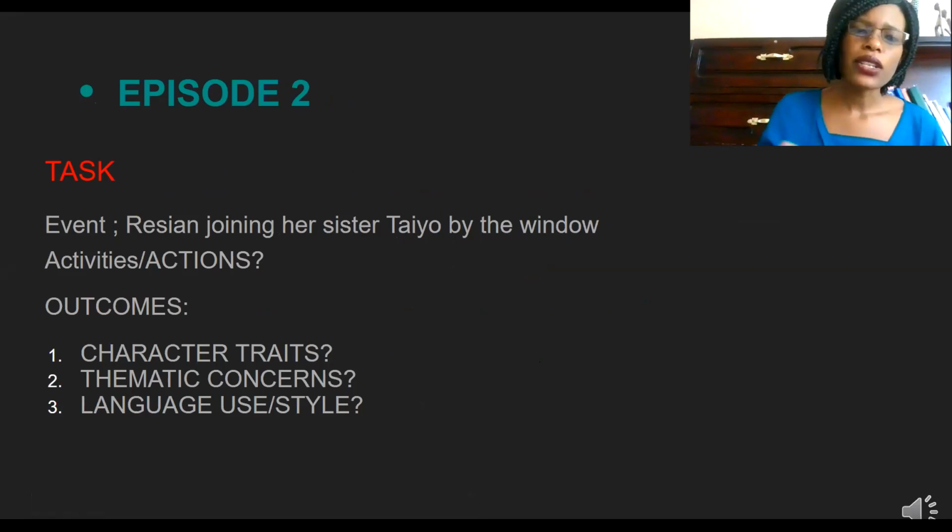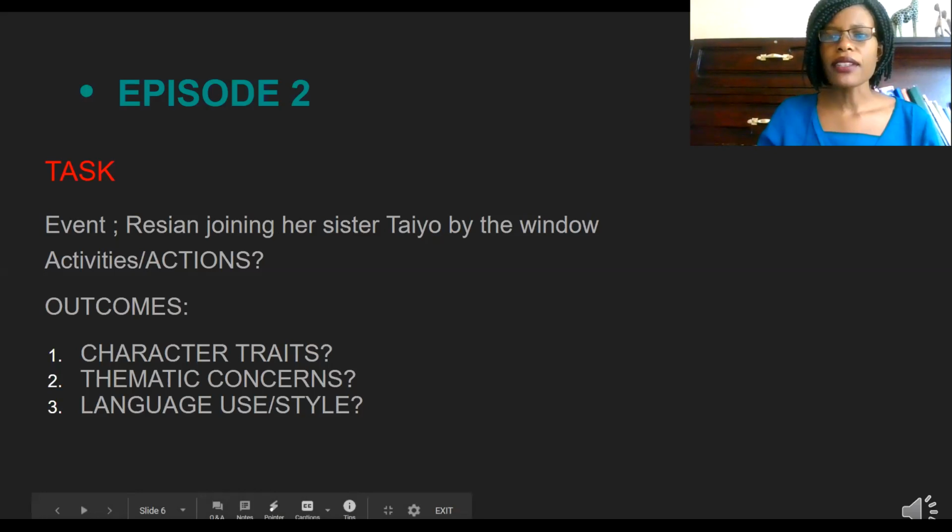So think of the actions and activities that are taking place. Think of the outcomes there. Think of the characters who are involved, their character traits that are coming out. The thematic concerns, are they the same themes that we found out in the first event? Think of the language and the style that the author uses. And then you'll realize that there is so much that we get to learn when we do an episodic analysis.